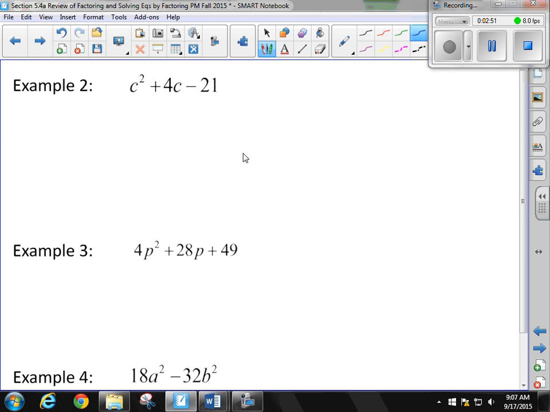Example number 2. No common factors, but I notice I have 3 terms, so I have a trinomial. Leading coefficient is 1. So this is the easy one to factor. We know the first term, c squared, factors as c times c. And then we look at the last term.